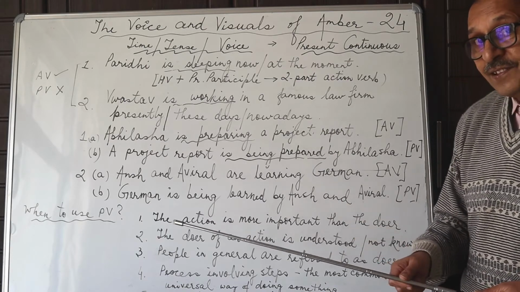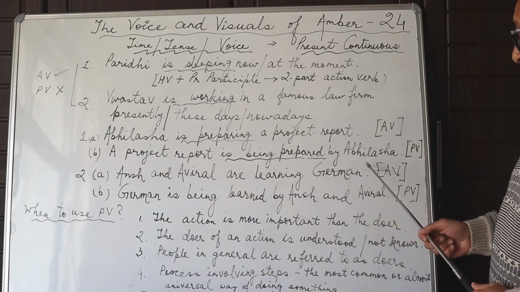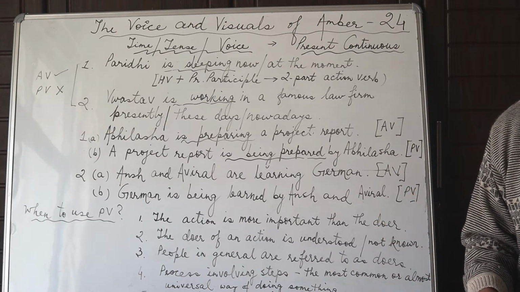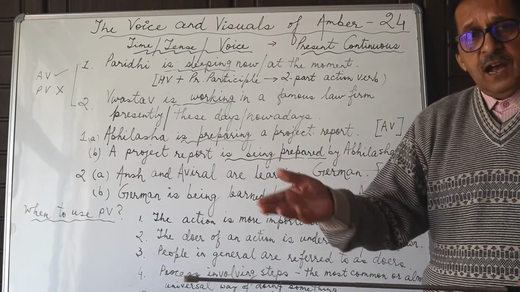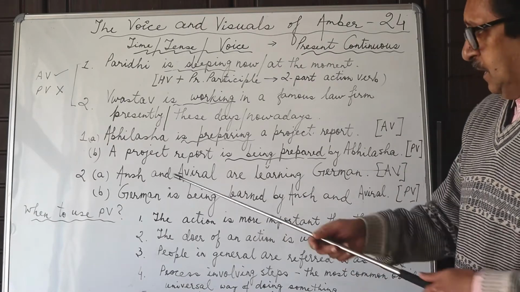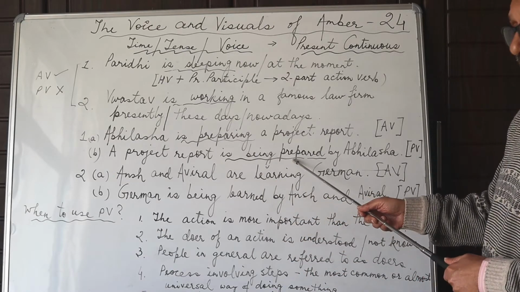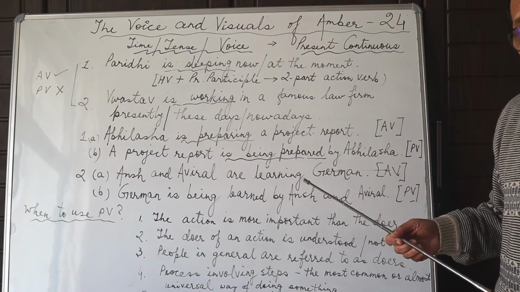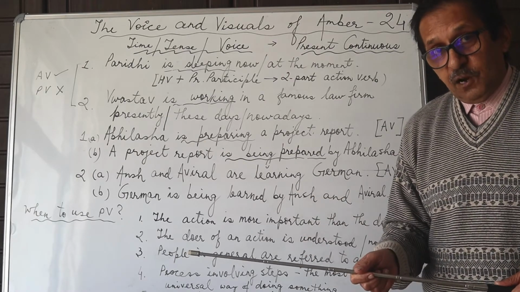So we can say, yes, that project report is being prepared by Abhilasha. So where is that project report? The boss may ask his deputy, and he will say, that project report is being prepared, sir, by Abhilasha. It will be handed over tomorrow.